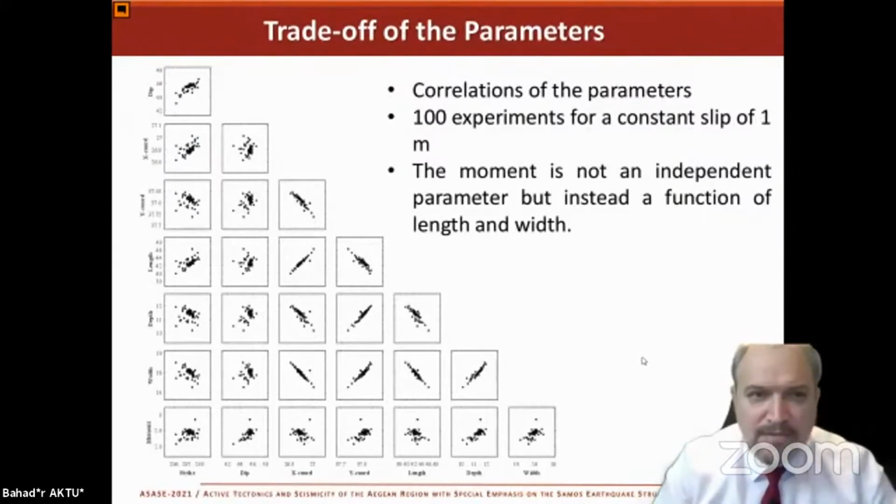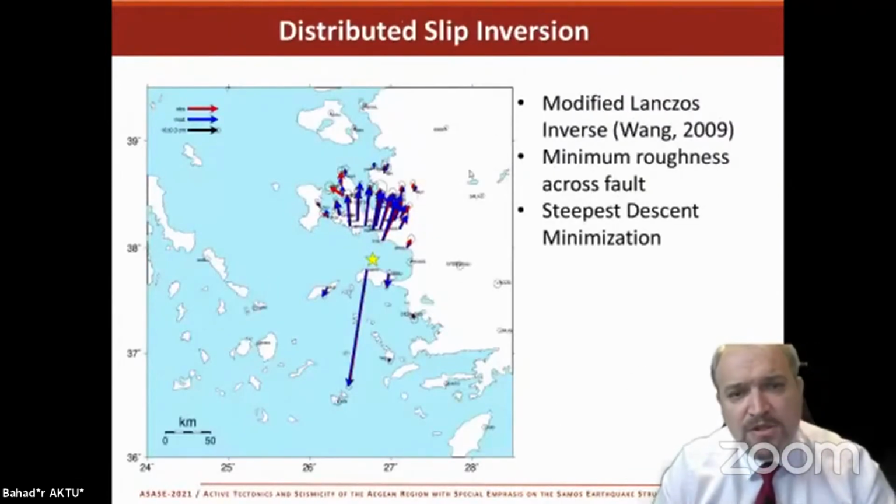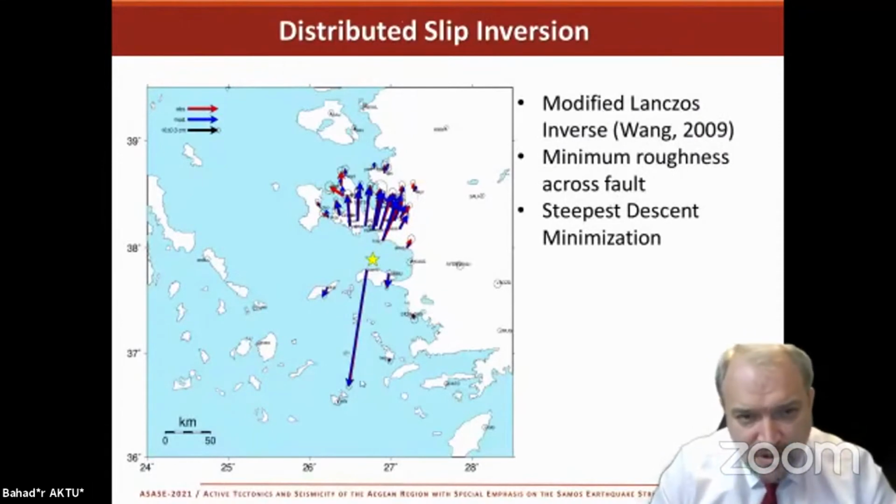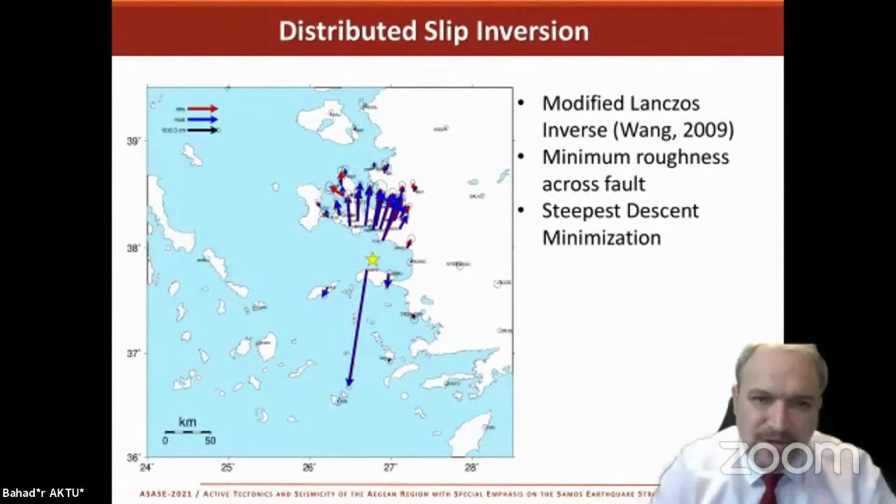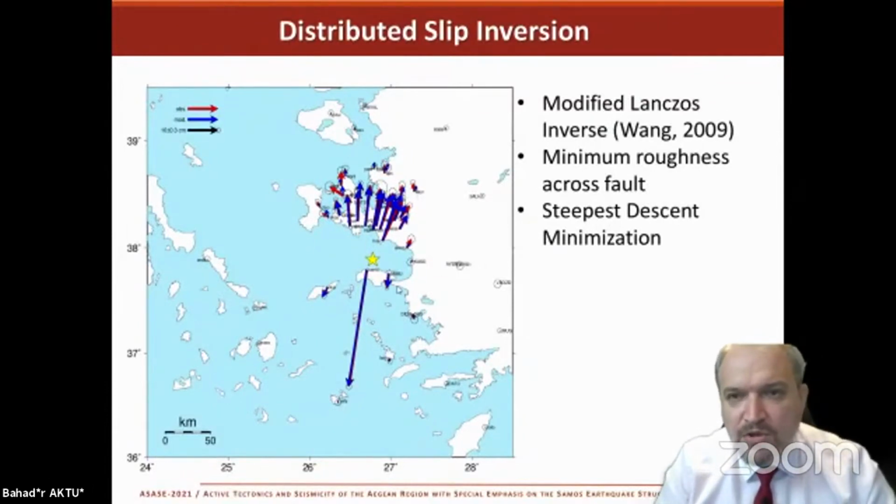All right. And this is our distributed fault model. As you see, even the closest sites are modeled very well. That seems to be an observation error at this point. Otherwise, it provides a very decent fit, let's say. We use the modified Lanczos inverse scheme for the distributed slip model.